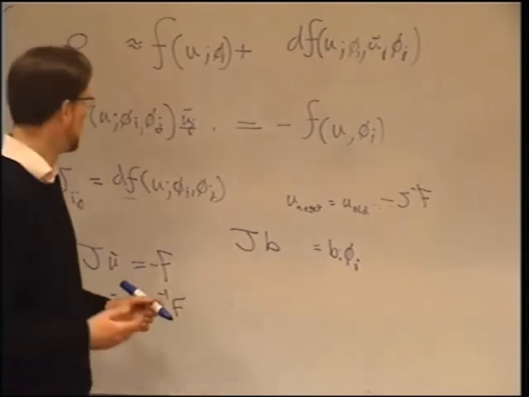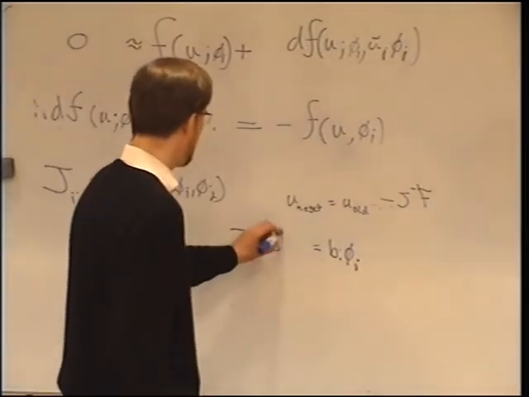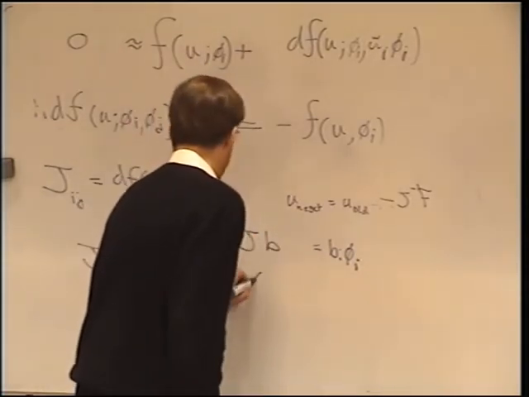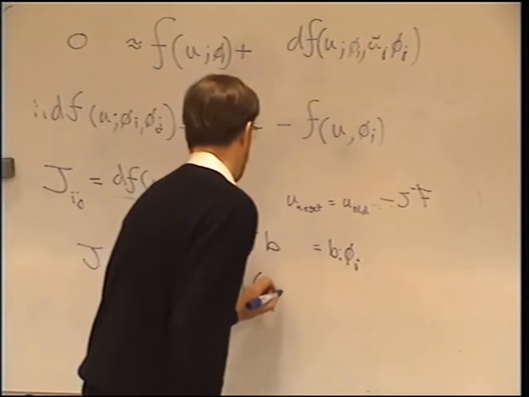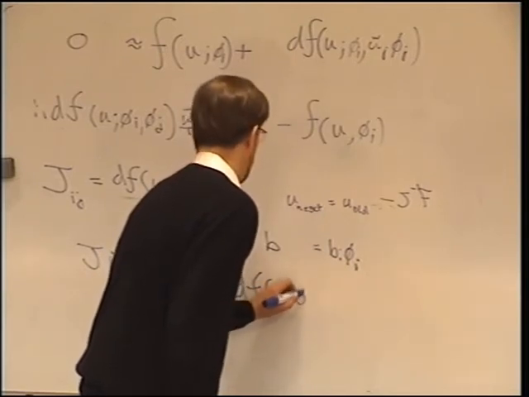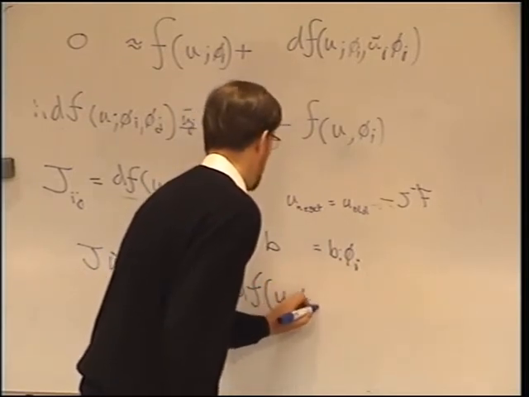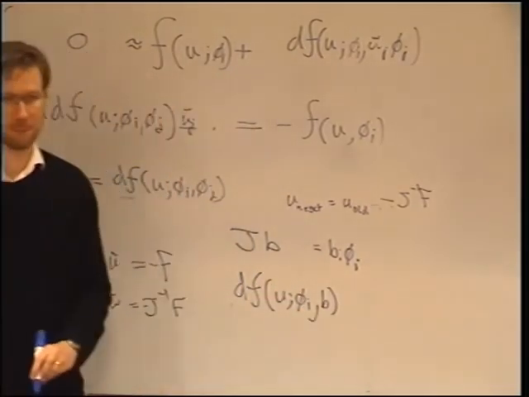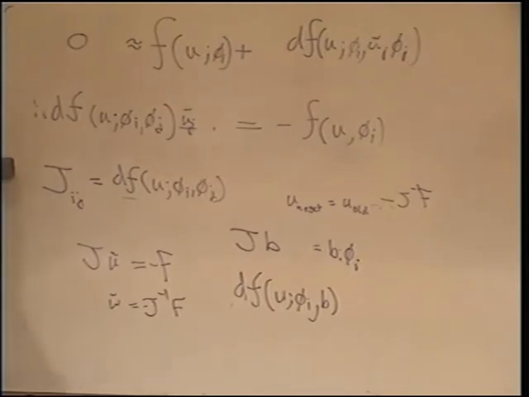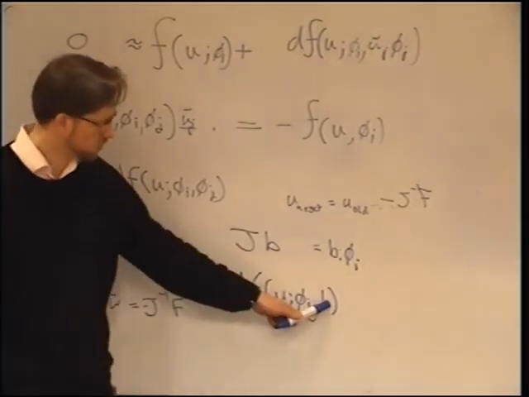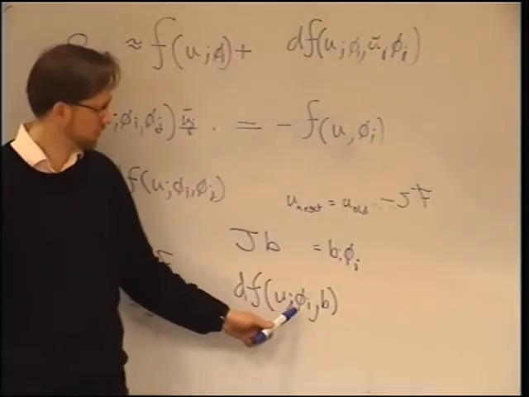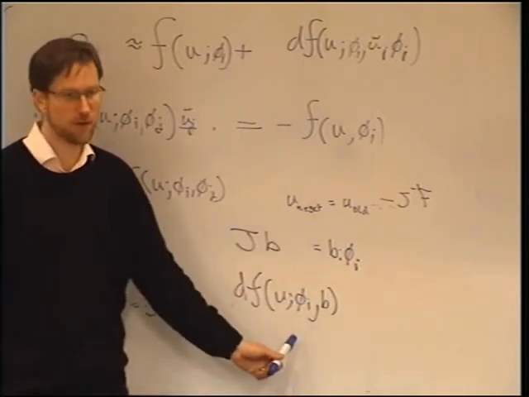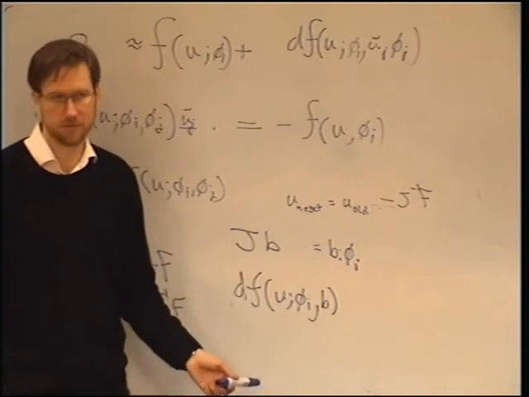And so now, instead of evaluating that matrix vector product, I evaluate dF/du phi_i b. Now this thing has two things which I know and one thing which I don't, and so I get a vector. I evaluate that once for each basis function, and I get a vector out.